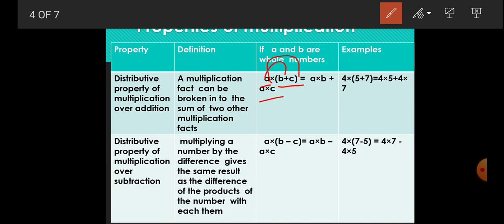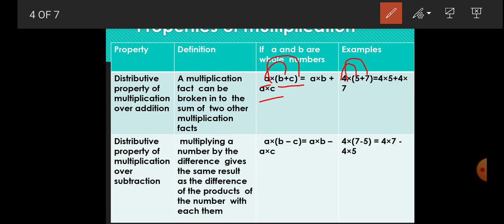Here also, 4 multiplied by, in bracket, 5 plus 7 equal to 4 is multiplied by 5 also and 4 is multiplied by 7 also. Means 4 is multiplied by 5 plus 4 multiplied by 7. This is the distributive property. Both the answers remain same.